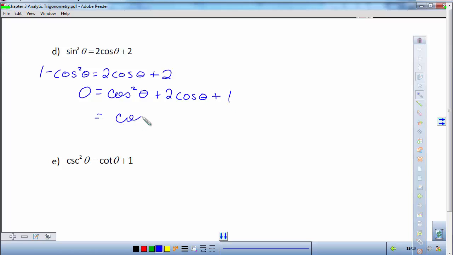It's cosine theta plus 1 squared. That fits one of our factoring patterns, a squared plus 2ab plus b squared. However you need to factor it, that's what it comes up to. And so we say cosine theta plus 1 equals 0.